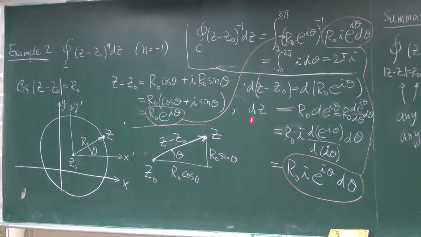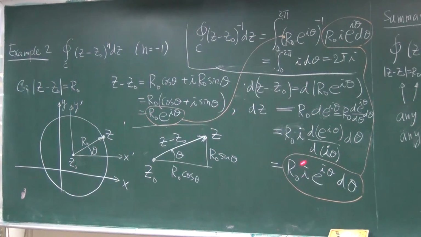In this way, we get the expression of dz as R0 times I times exponential I theta times d theta. And then we put this result into the integral.